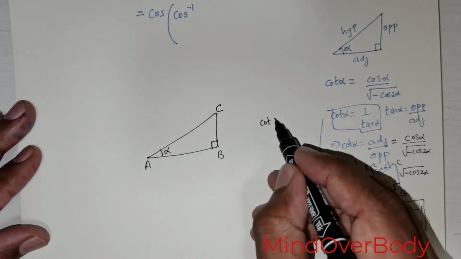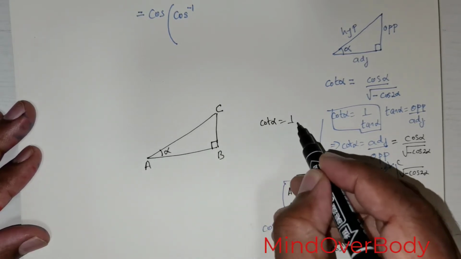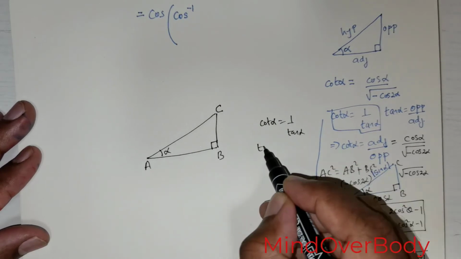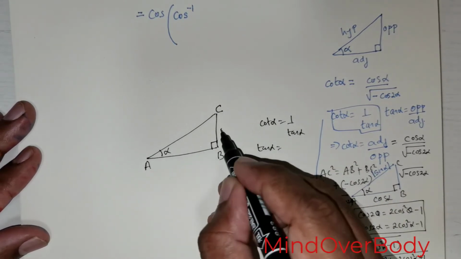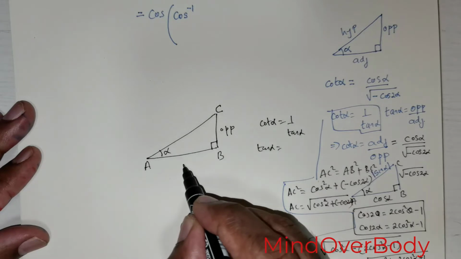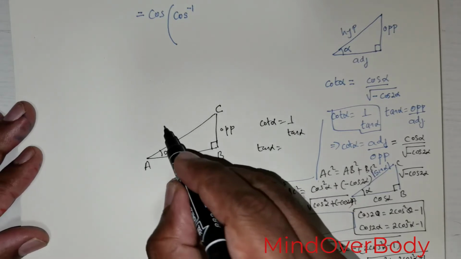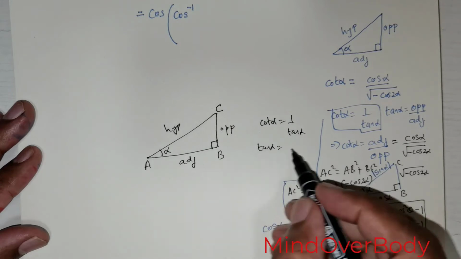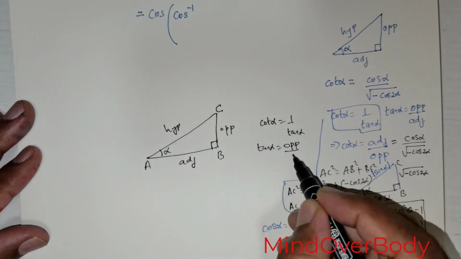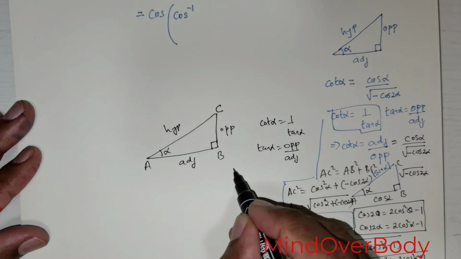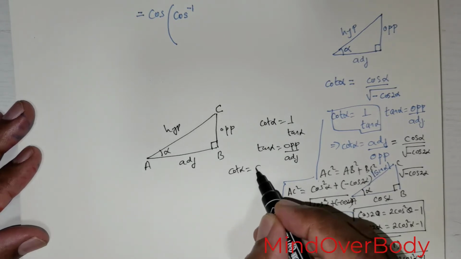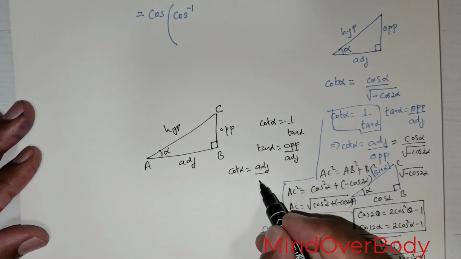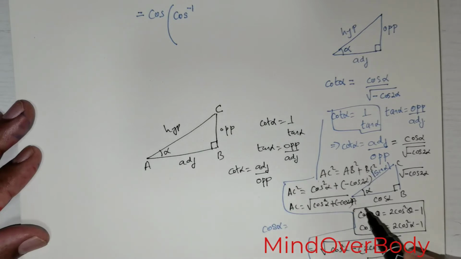Now cot alpha is 1 over tan alpha. Tan alpha is opposite side divided by adjacent side, so cot alpha will be adjacent side over opposite side.